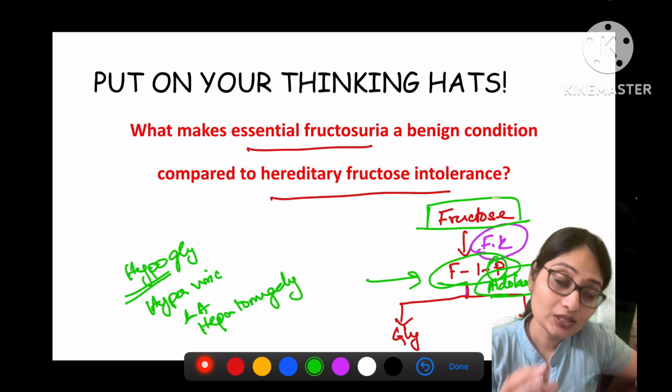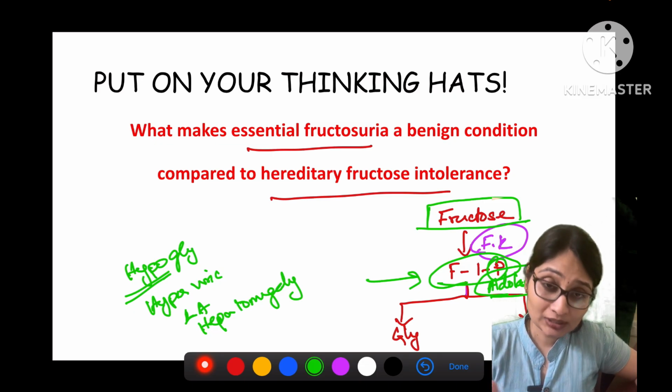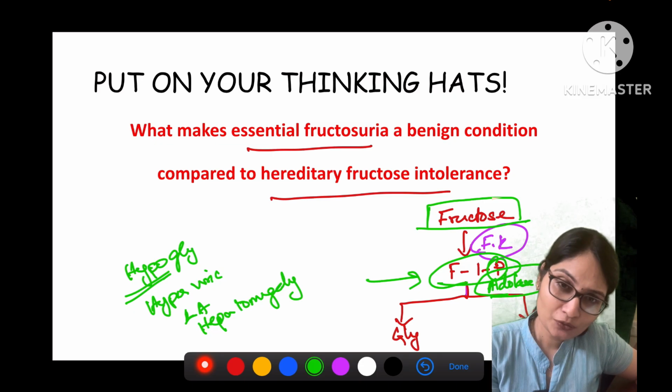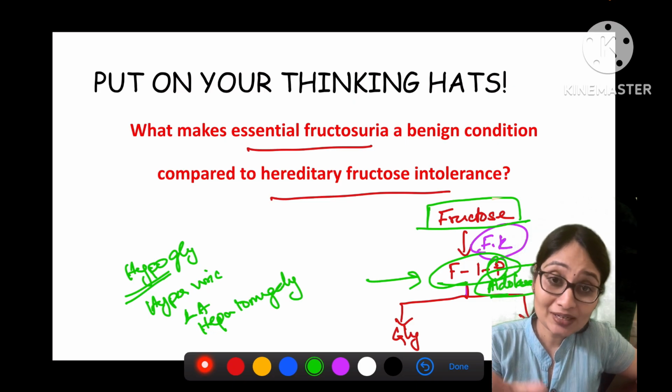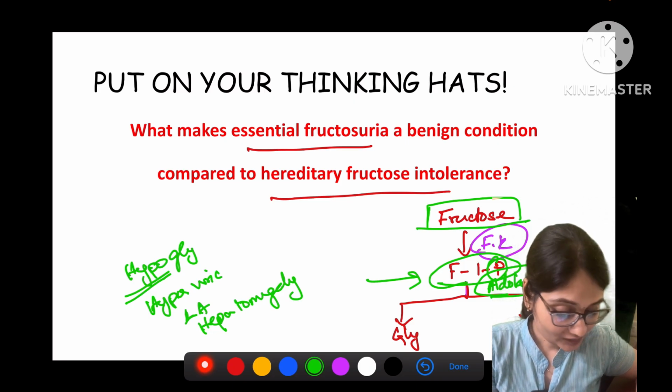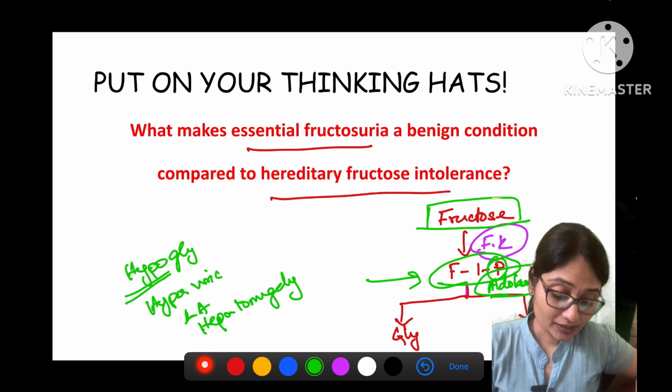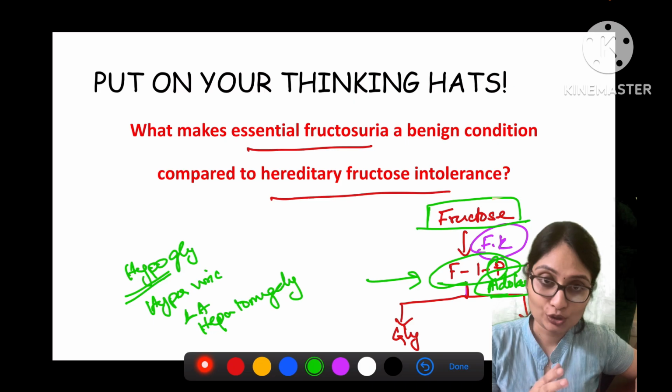Because of phosphate sequestration, they manifested all these features. But in fructokinase deficiency, what is getting accumulated is just your fructose, which is considered to be relatively less toxic. So that is why essential fructosuria is considered a benign condition as compared to hereditary fructose intolerance.